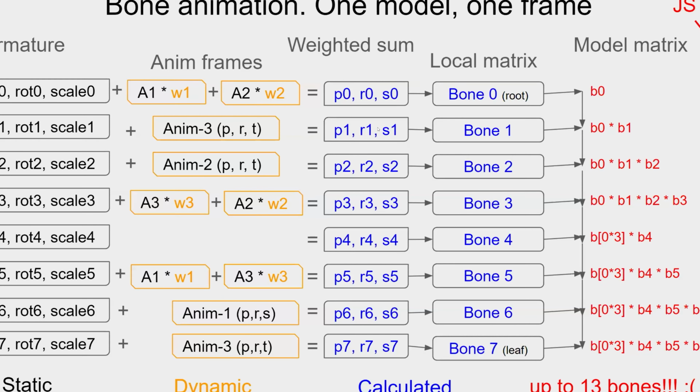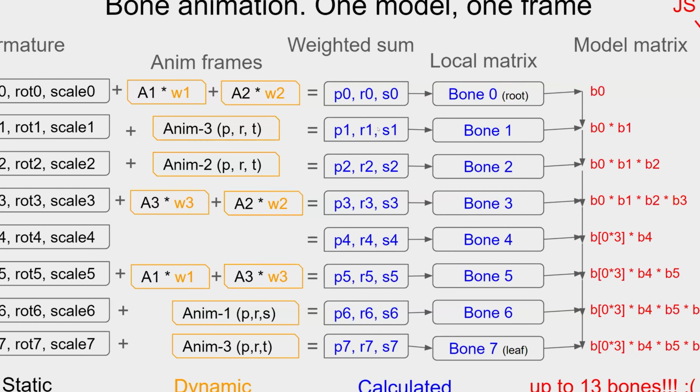For every bone we have original position, rotation, scale, and animations with weights. There might be many animations. We have to make a sum of all those 3 parameters, and after that we have to make a matrix based on it, like a matrix composition process, and we can do everything on the GPU.